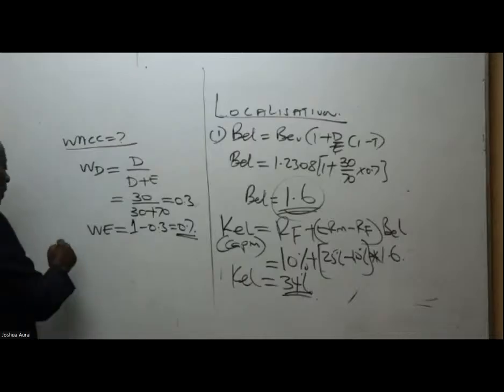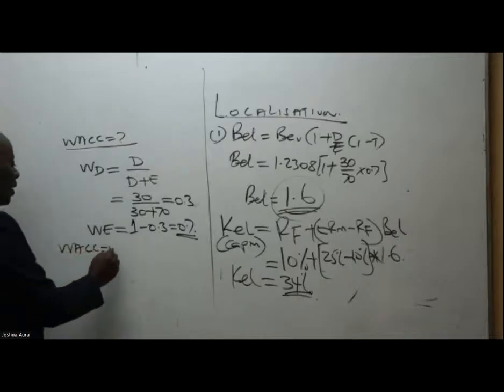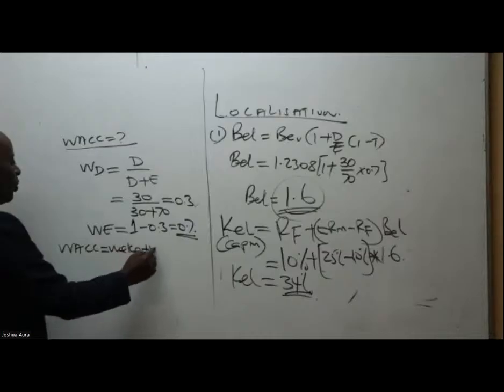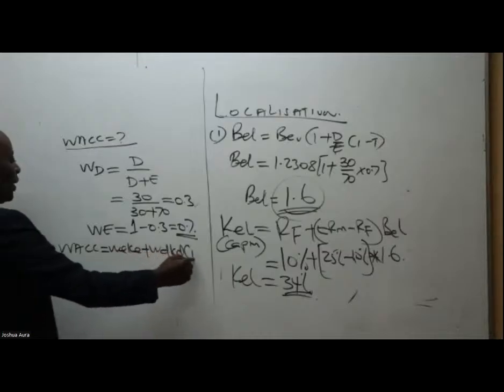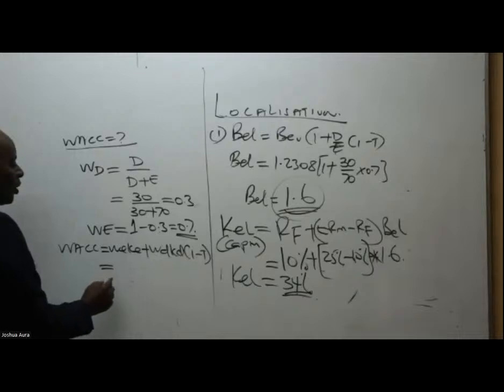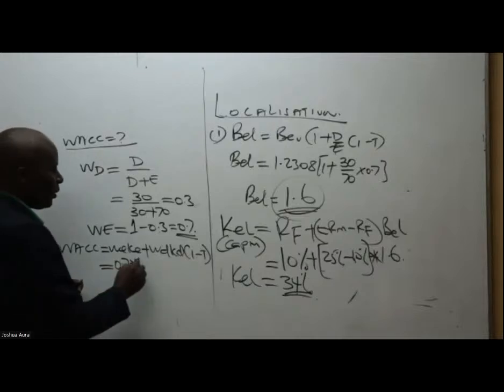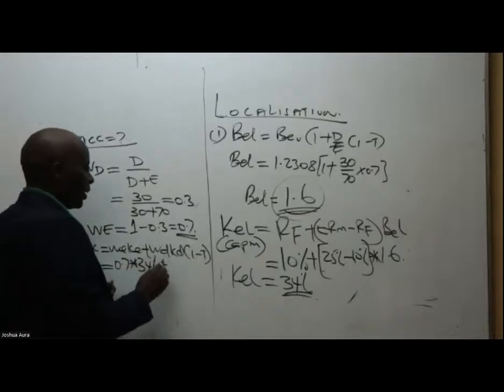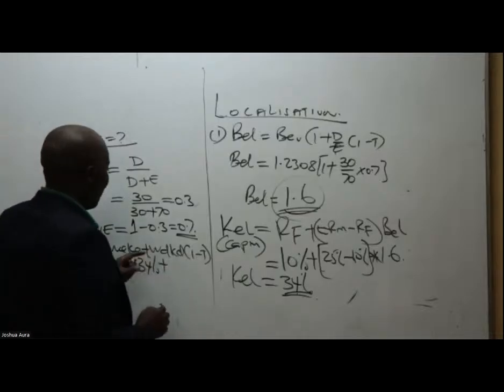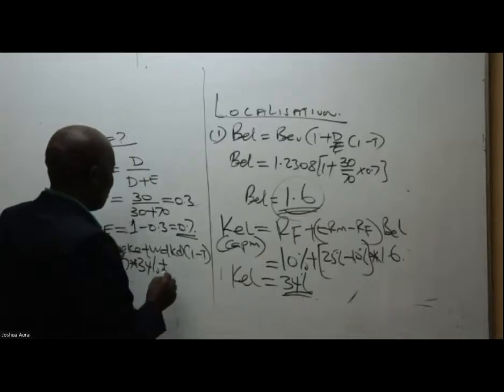So the WACC will be weight of equity times cost of equity, plus weight of debt times cost of debt times (1 minus tax). The weight of equity is 0.7. The cost of equity we already have as 34%, plus the weight of debt, which you have given me as 0.3.